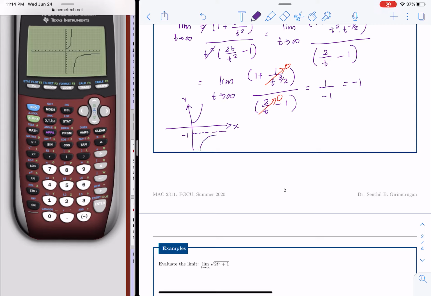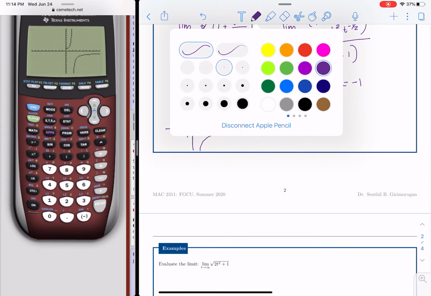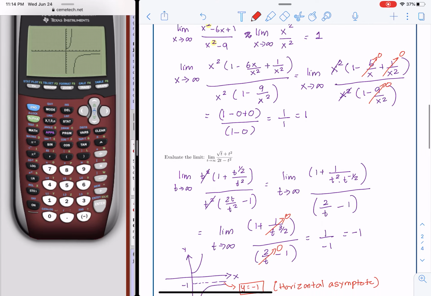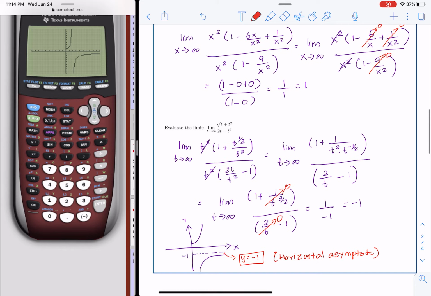So y equals negative 1, which is the dotted line here, is the limit, and that would be the horizontal asymptote. In the previous problem, the horizontal asymptote was the x-axis. Oh, no, it was y equals 1. So y equals 1 was the horizontal asymptote.